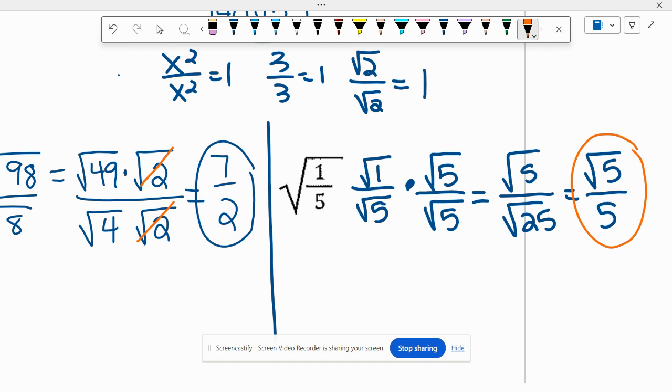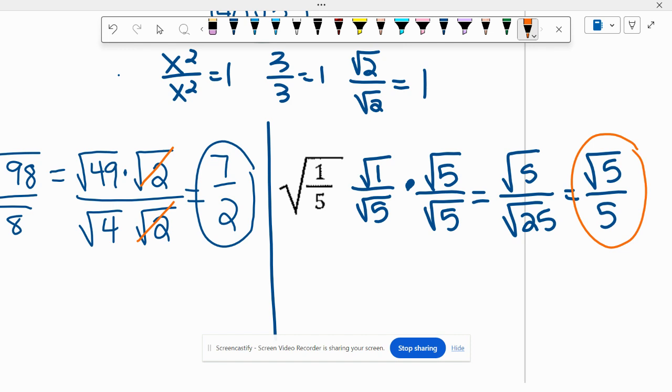The square root of 5 times the square root of 5 eventually ends up equaling 5. Just like if I were to take the square root of 487 times the square root of 487, eventually it's going to end up just being 487. Because a square root multiplied by itself cancels out.